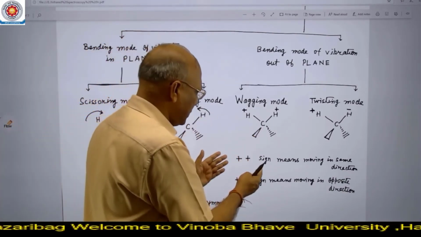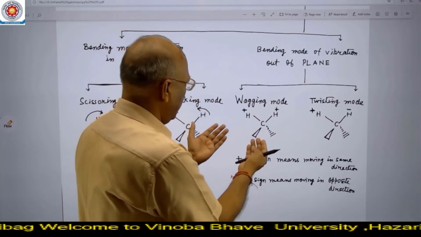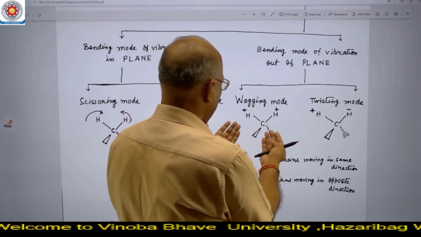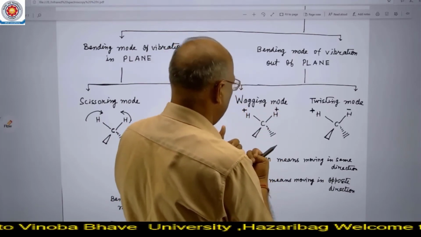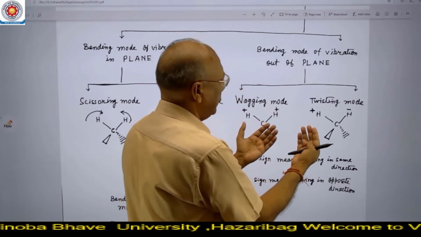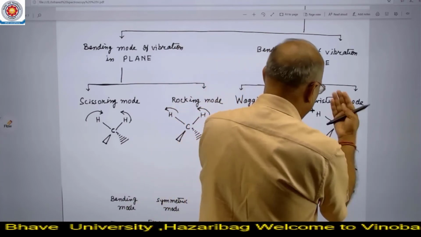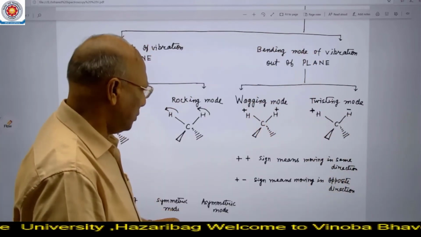If we consider the plus sign as the bonds moving out of the plane towards the viewer, then the minus sign will be behind the plane of this smart board.